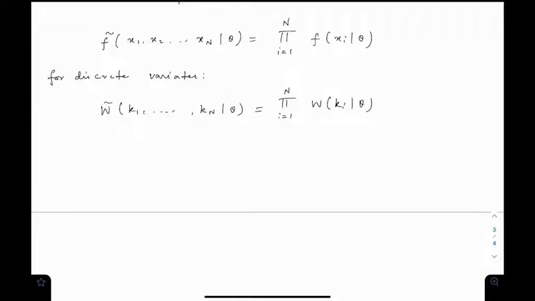For all values of theta, the function f tilde evaluated for the sample is equal to the likelihood.